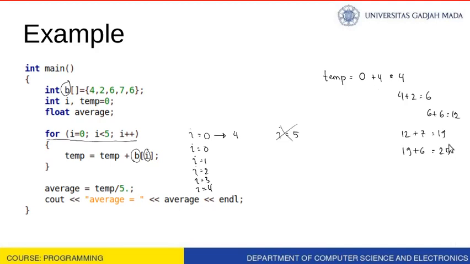The result will be the same as in the previous chapter, and then we divide by 5 and we get the average of these values. Okay, this is the example of how to access an array by using an iterative command.